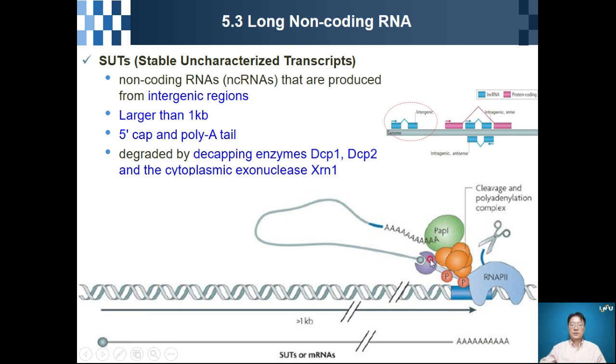Because they have a full-length poly A tail, they are not degraded by the exosome. They are just degraded by the decapping enzymes DCP1 and DCP2, and or the cytoplasmic exonuclease XRN1. Okay, so this is another type of long non-coding RNA, SUT. The full name is stable uncharacterized transcript.